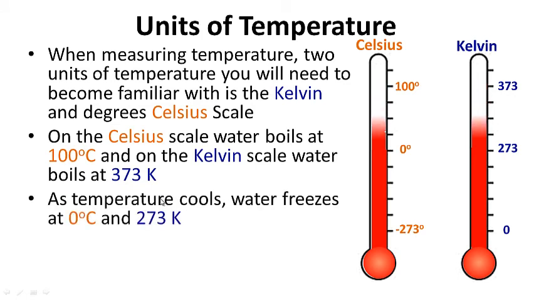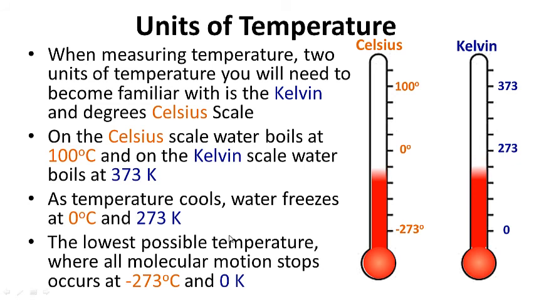As the temperature cools, water freezes at 0 degrees Celsius and at 273 Kelvin. And the lowest possible temperature in our universe, where all molecular motion stops, occurs at negative 273 degrees Celsius and 0 Kelvin. Notice 0 is the lowest possible temperature on the Kelvin scale.